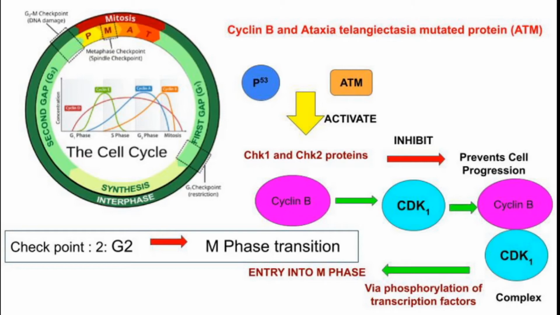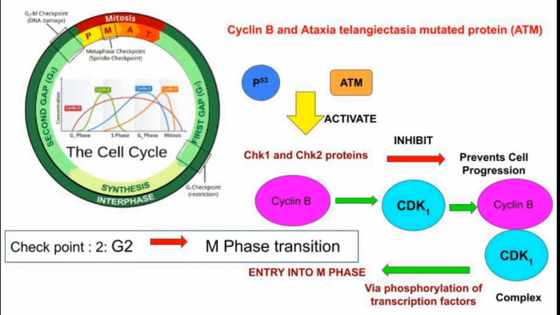Now, what are these conditions? The cell should have synthesized the proteins which are essential for spindle fiber formation and the proteins which form the microtubules. So when all these proteins are synthesized, the cell gets ready for its progression into mitosis.